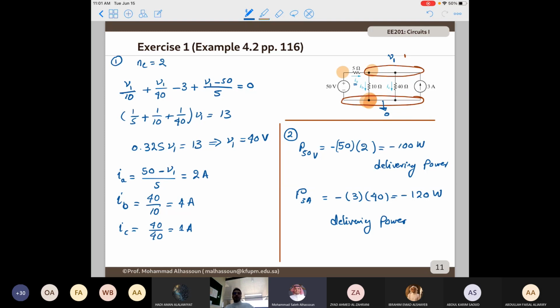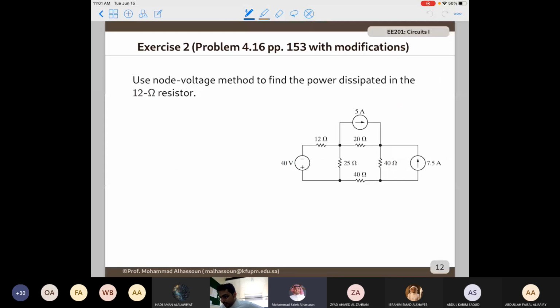Okay, very good. So now let's take it a step further. Let's apply the node voltage method again here. Okay, so now if we apply the node voltage method, we want to find the power dissipated in the 12 ohm resistor.